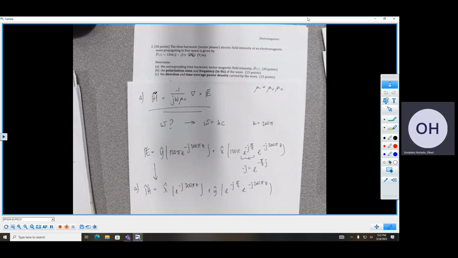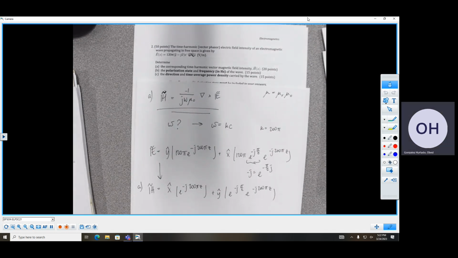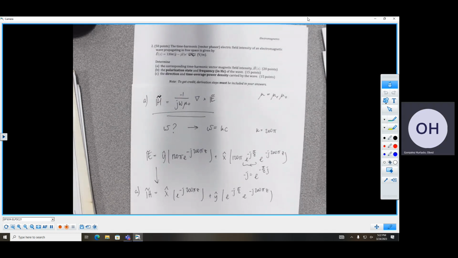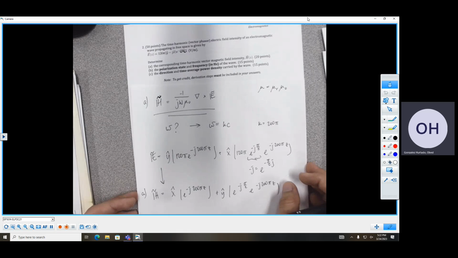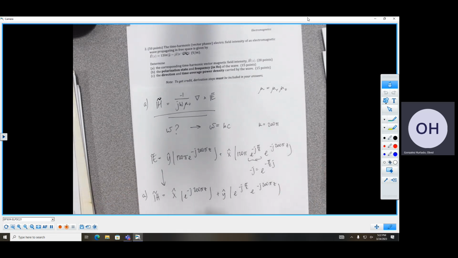For B, where can we do this? Yeah, and this is why I don't think it's going to be on the exam, because they haven't covered polarization states.